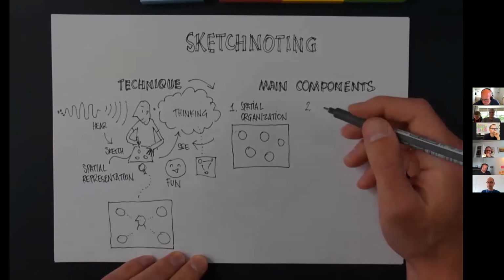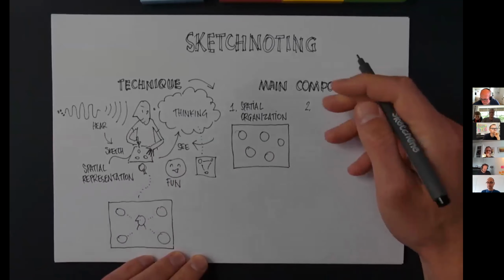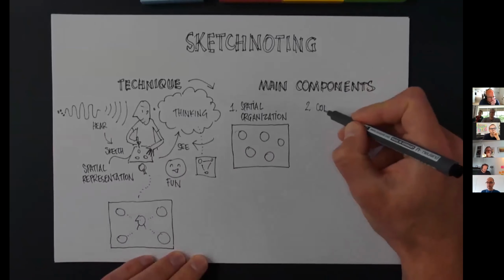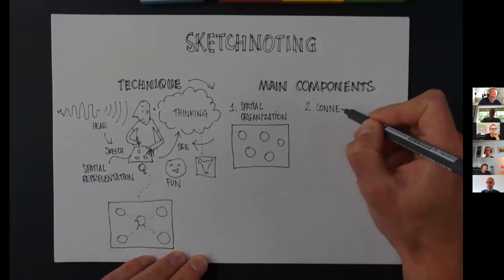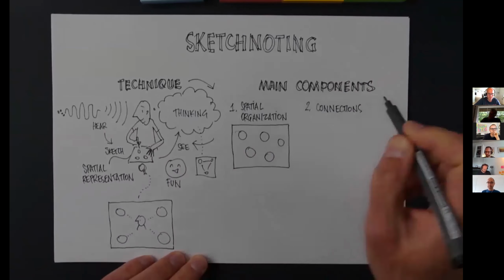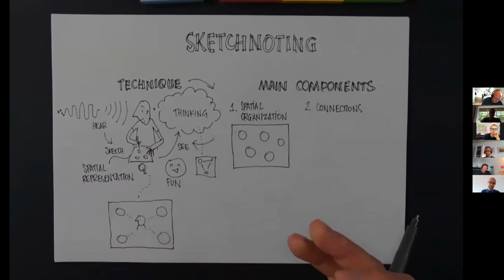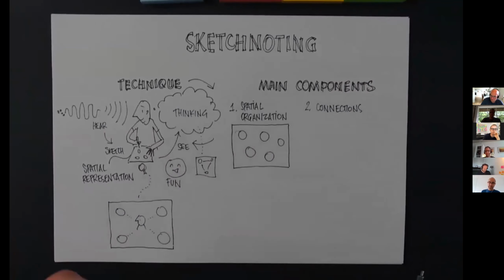Now, the next step, or not step, basically a component, is using all sorts of connections. So if you remember that statement about mental models, which are graphs, graphs are a combination of concepts interconnected.